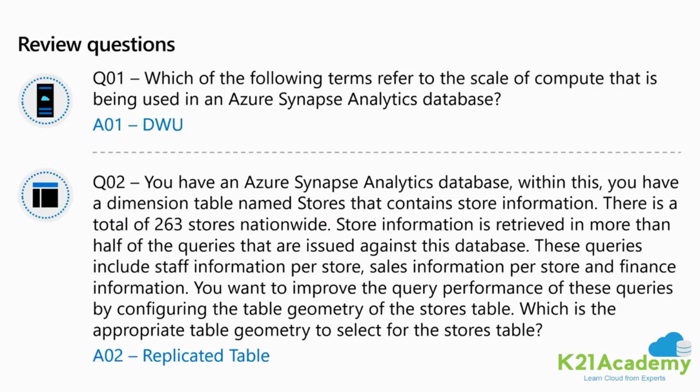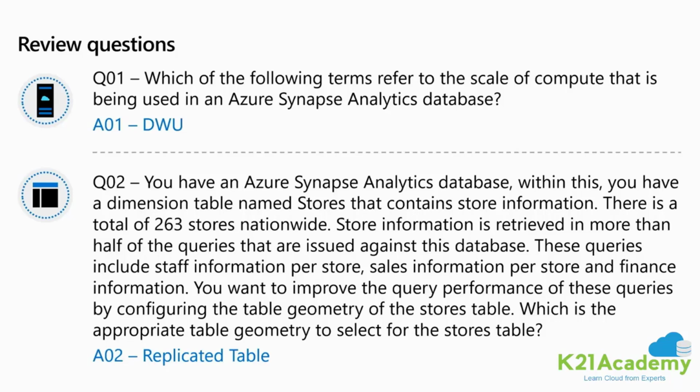So I have two questions over here. The first question asks how we measure the resources allocated to the warehouse. We have a unit called the data warehouse unit which is used. In the second question, which came in the certification, there are 263 stores nationwide, and these stores retrieve the data from one table. We want to select which type of table we have to go for: round robin, hash or replicated.